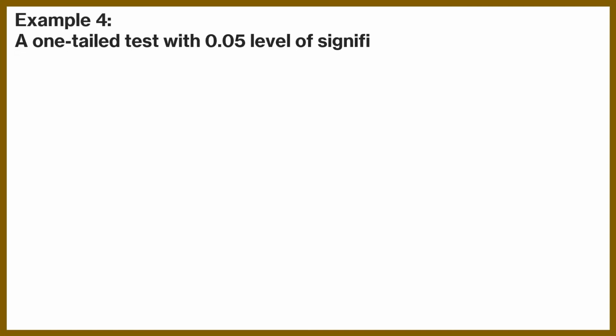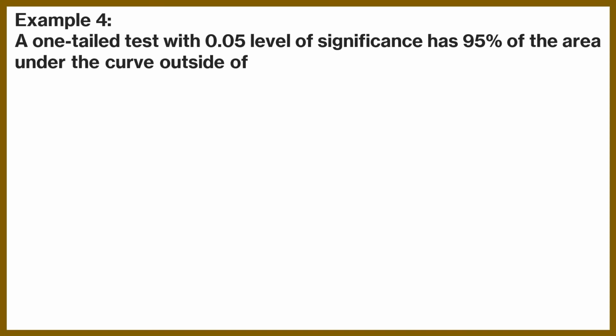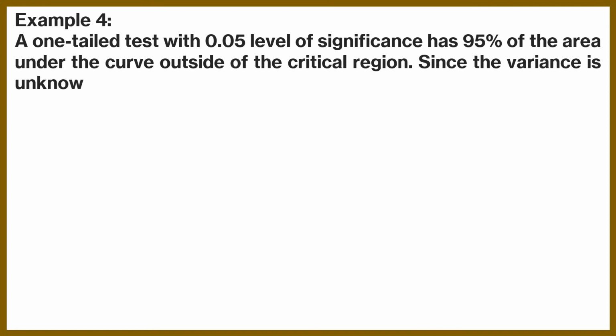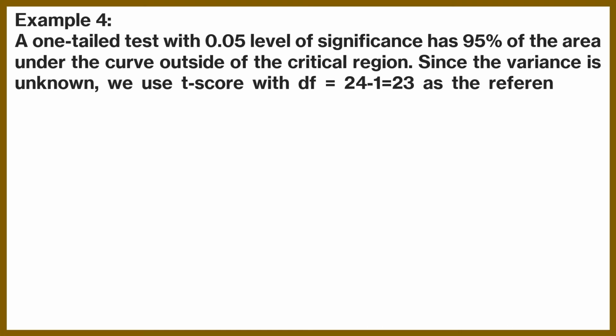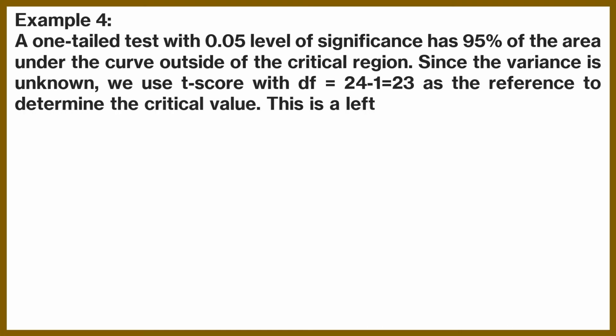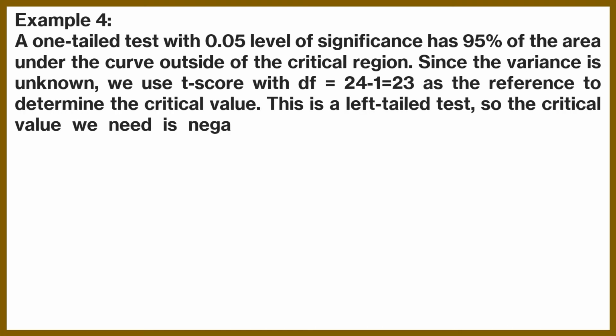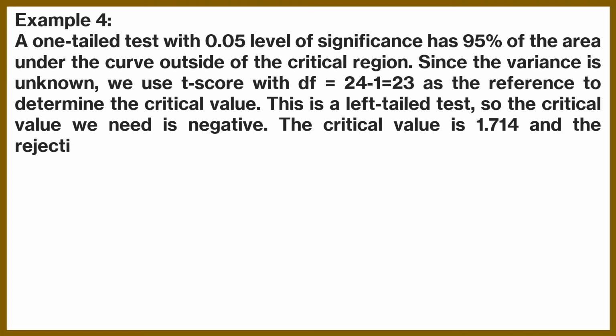So the one-tailed test with 0.05 level of significance has a 95% confidence level of the area under the curve outside the critical region. Since the variance is unknown, we use the t-score with the degrees of freedom 24 minus 1. So punta tayo sa row 23 as the reference to determine the critical value. This is the left tail test, so the critical value we need is negative.